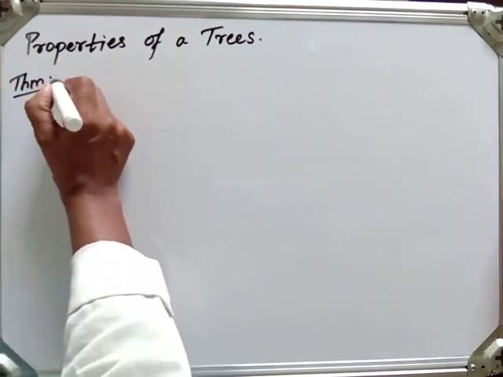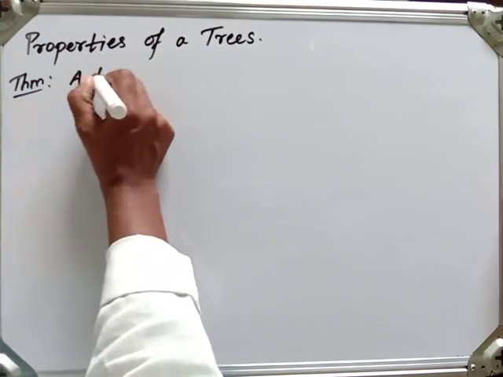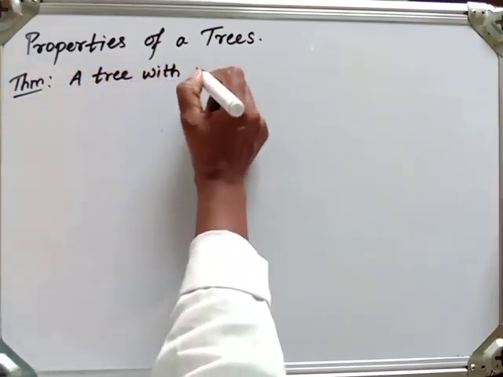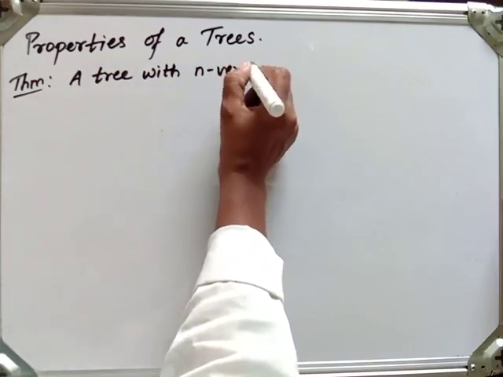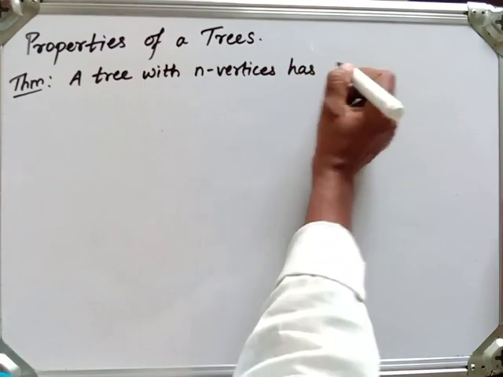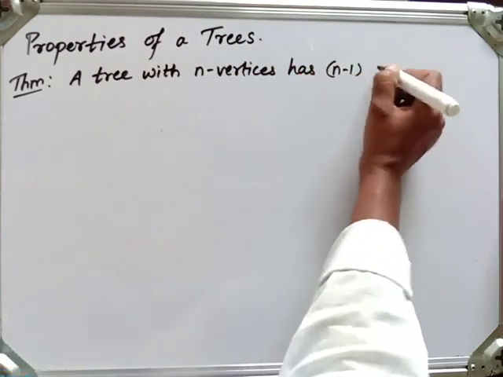Theorem: a tree with n vertices has n minus 1 edges.